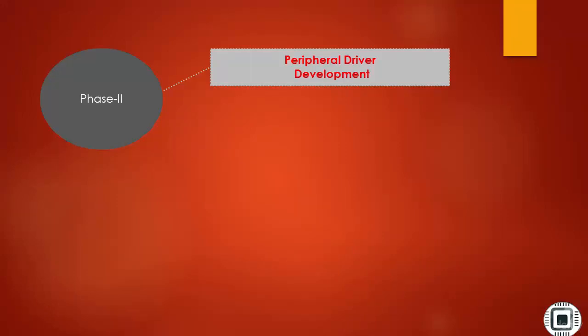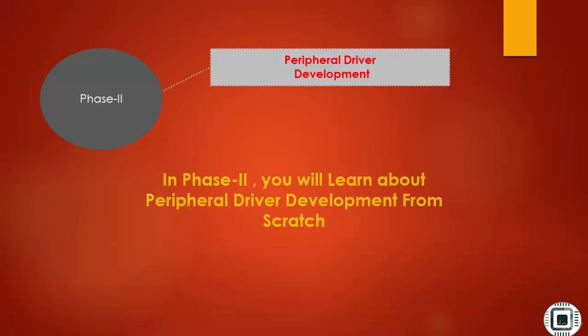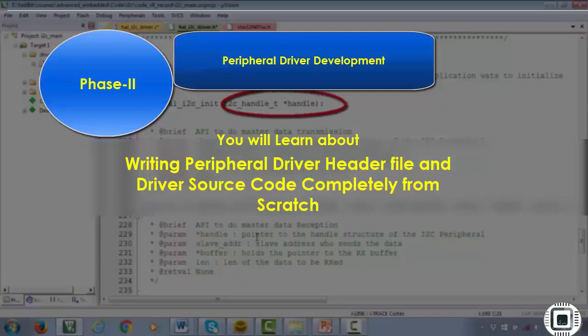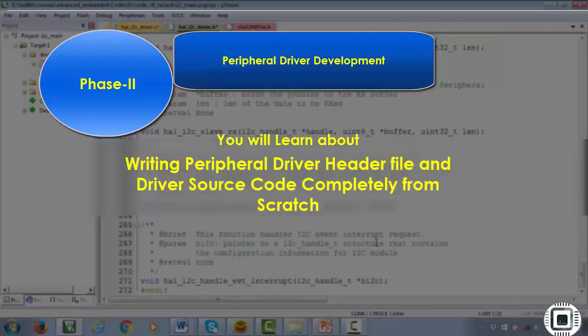By gaining full confidence about the peripheral in phase 1, in phase 2 what we do is start implementing a driver code for the peripheral. In this phase, let's first write the peripheral driver header file followed by the driver source code.